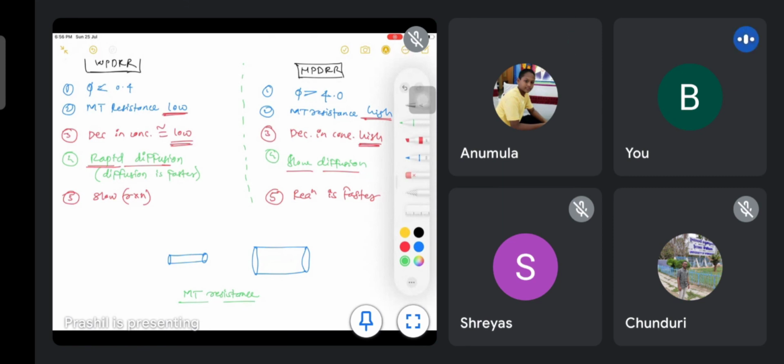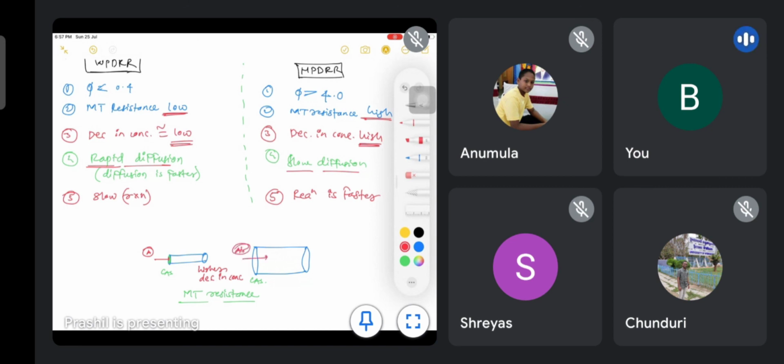Suppose you can see the concentration here is CAS, and here is CAS. This pore size is low, you can see, so mass transfer will be low. So here there are high chances of decreasing concentration, because there is less space for air to get into the system or inside the pore. So here is a higher decrease in concentration. And here the size is somehow larger, so you can see air can easily diffuse.